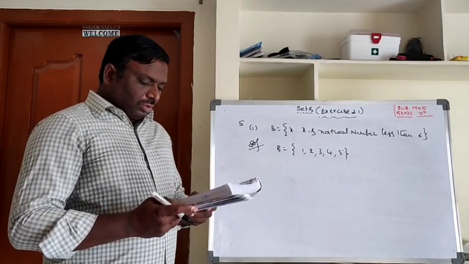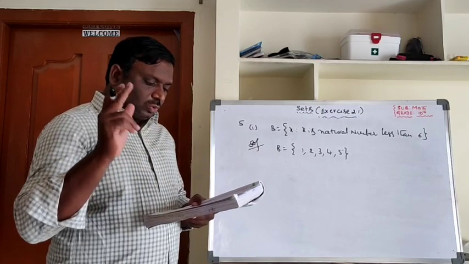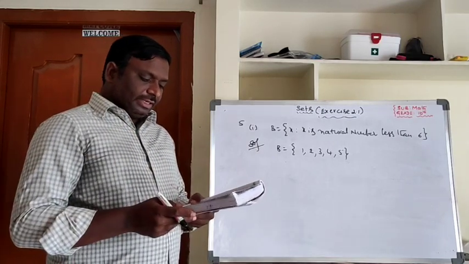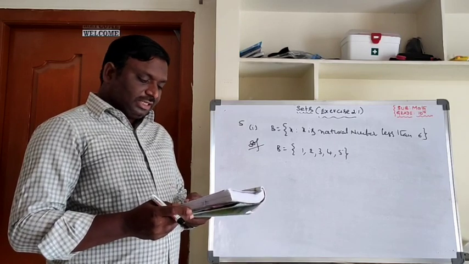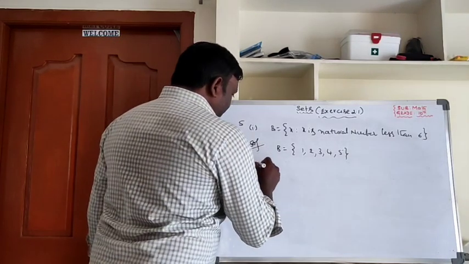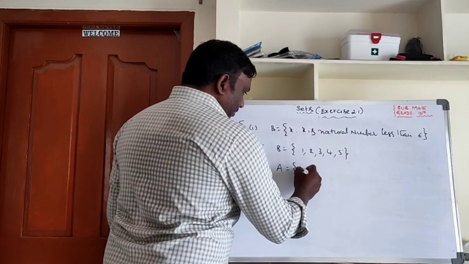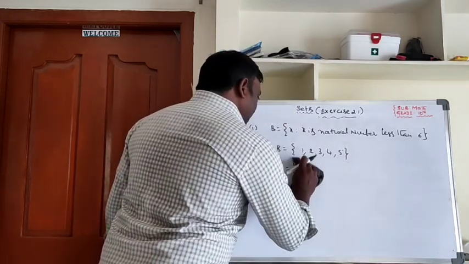Now, X such that X is a 2-digit natural number such that the sum of its digits is 8. I am taking the set A and writing the answer.